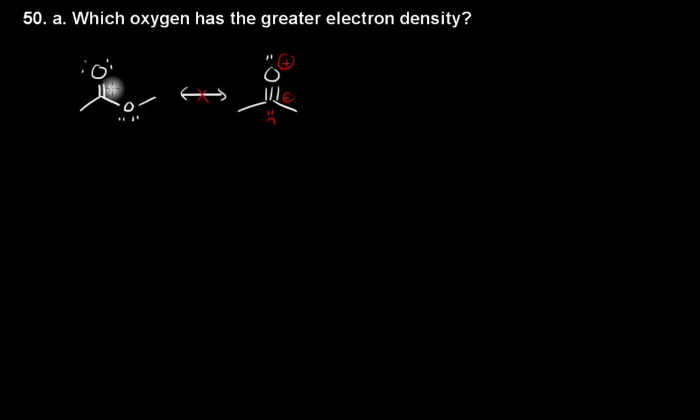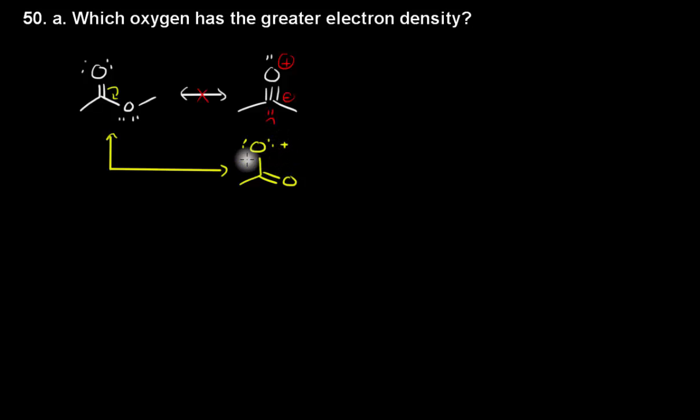We can't really push these electrons in the pi bond down this way either. This is going to be bad news. If we try to do that, this is what you would get. In this case, you would have oxygen, oxygen, and we'd have 1, 2 lone pairs here. So overall, this oxygen would not be neutral, it would be positively charged.